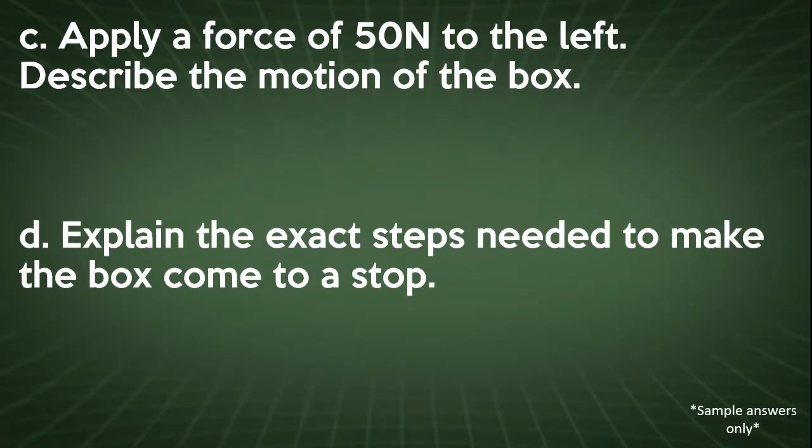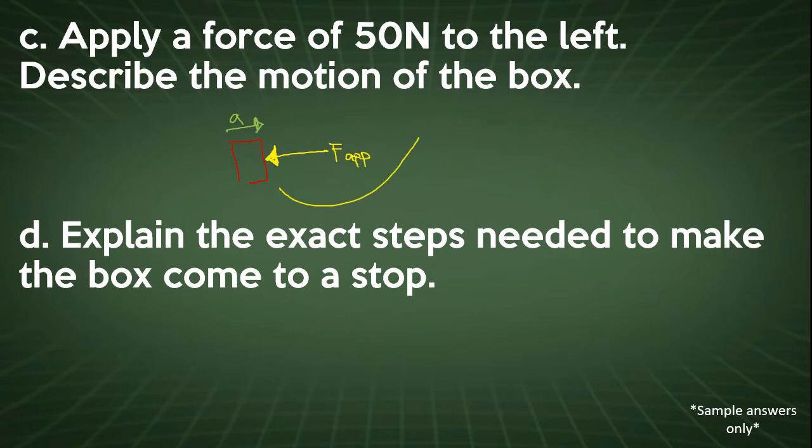Afterwards, you apply a force of 15 newtons to the left. Then you are asked to describe the motion. So what will happen there is that if you apply a force of 15 newtons to the left, in the opposite direction, the box momentarily stops, right? So again, it's moving or accelerating in this direction. However, you apply a force in the opposite direction here, then it will stop.